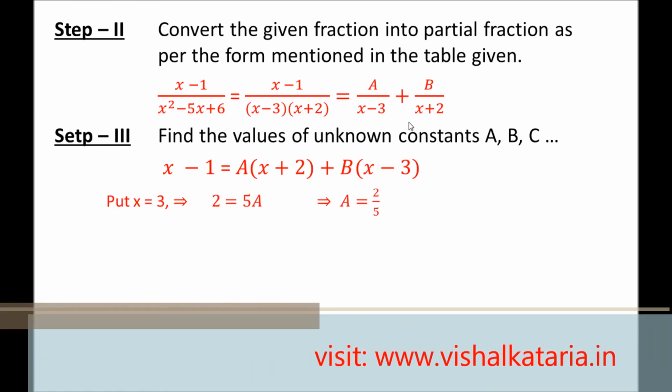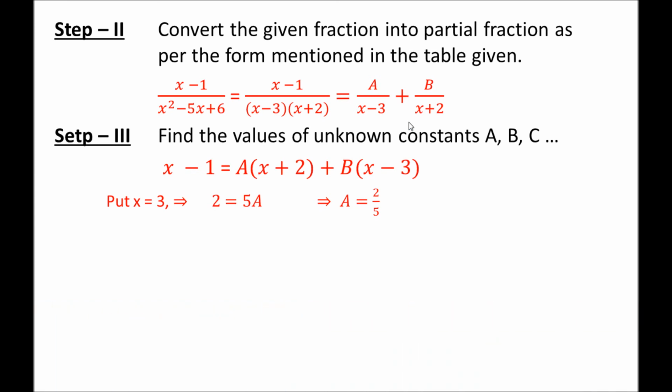Now how to find the values of a and b? If I substitute x equals 3, what will happen? The second term on the right hand side will vanish. It will become 0. The only unknown constant which will be left will be a, and I can easily find a by substituting x equal to 3.